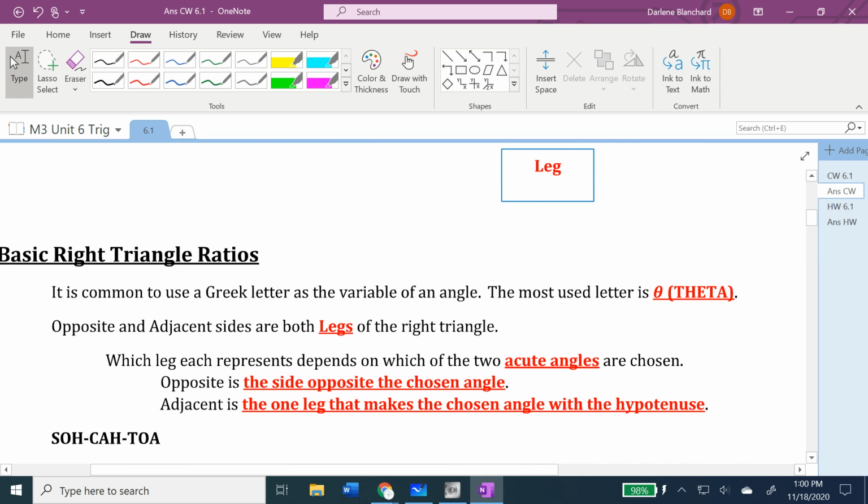And it's very important for you to understand. You remember the whole opposite, adjacent, hypotenuse thing. The side that is opposite and the side that is adjacent depends on which angle you are working with.